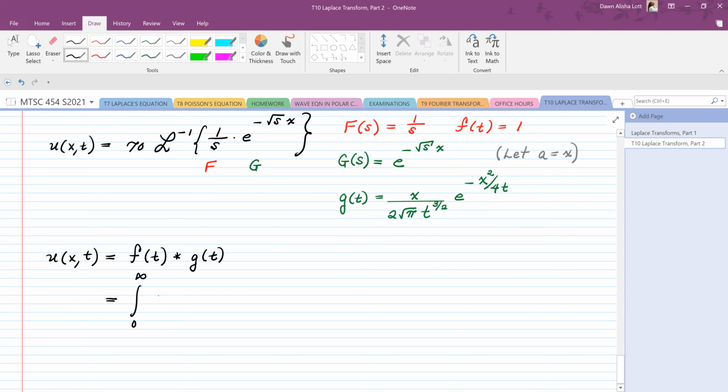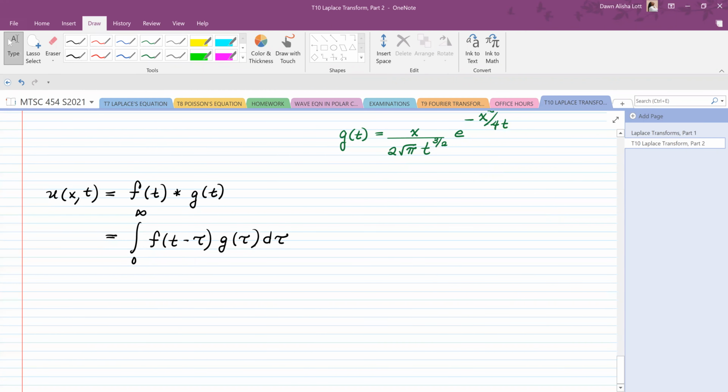I'm going to write this as f of t minus tau, g of tau, d tau. Why? Because f of tau can be 1, and you're going to get the same answer regardless how you do it. So therefore, this is the integral from 0 to infinity.